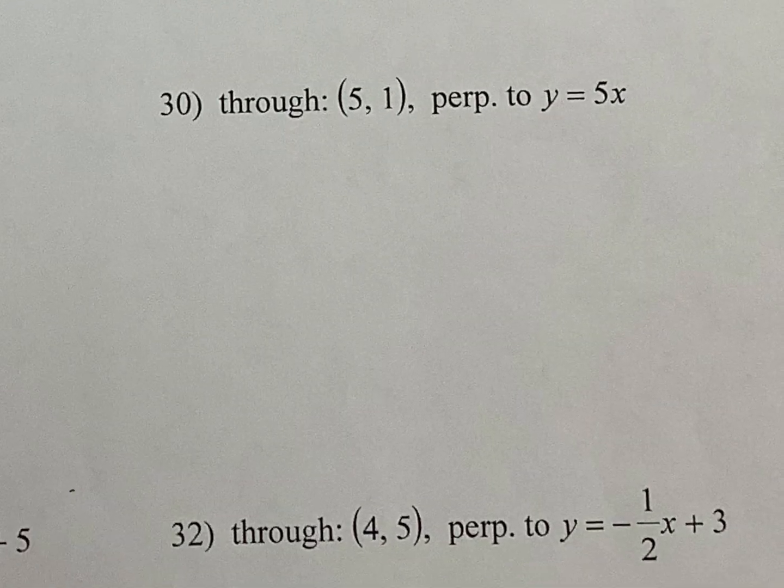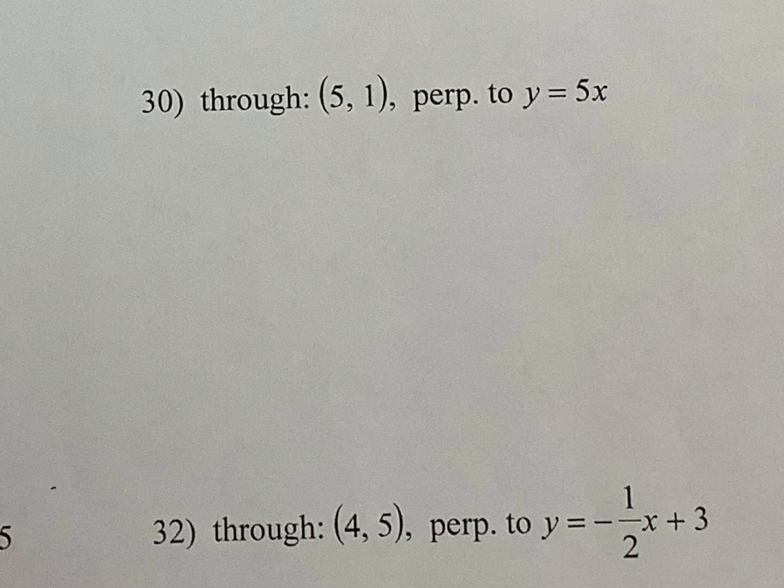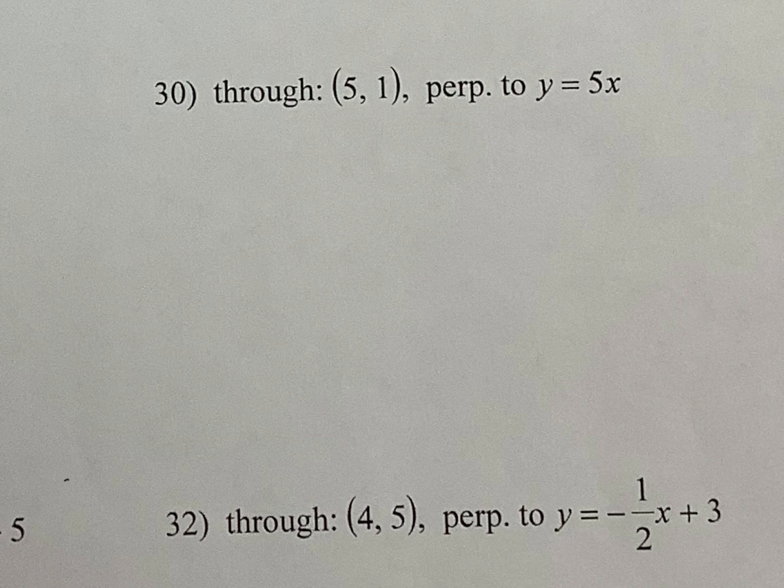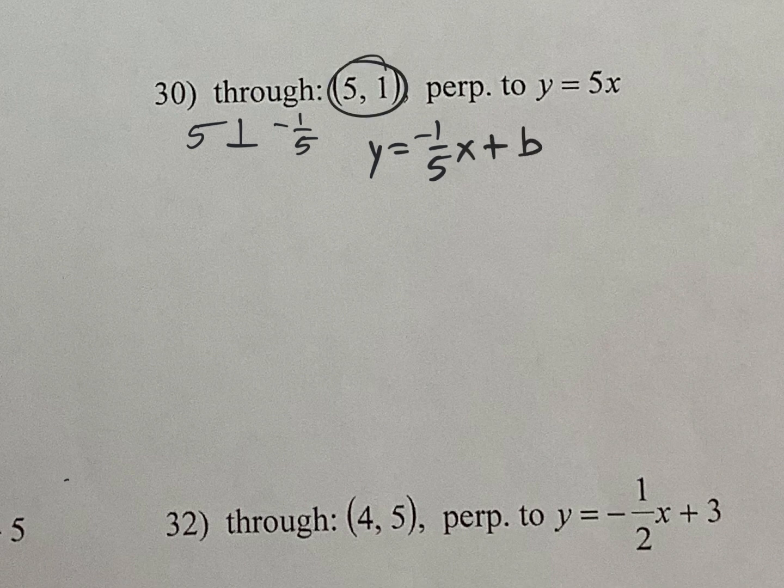Number 30, same thing. All right, so slope is 5. And its perpendicular slope is what we want, so we want -1/5. That's how you should have started. So y equals -1/5 x plus b. Substitute the values.